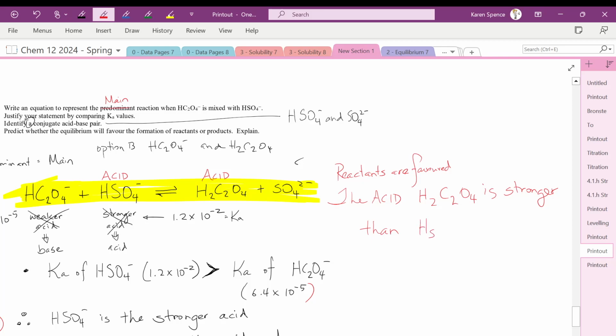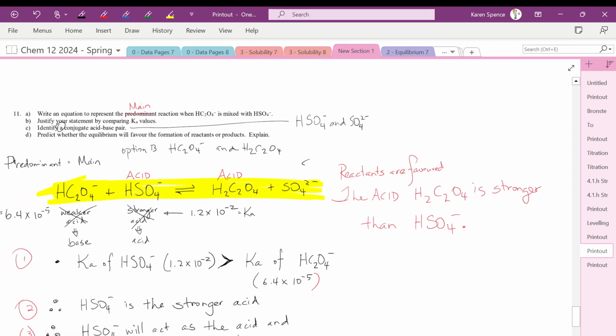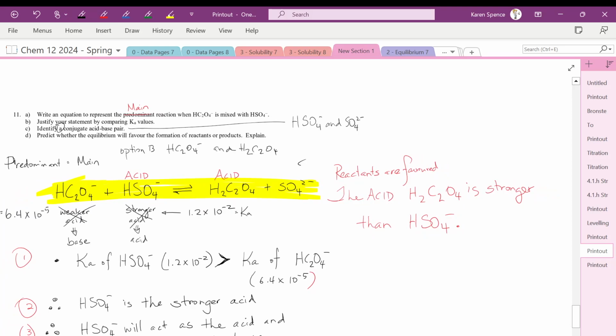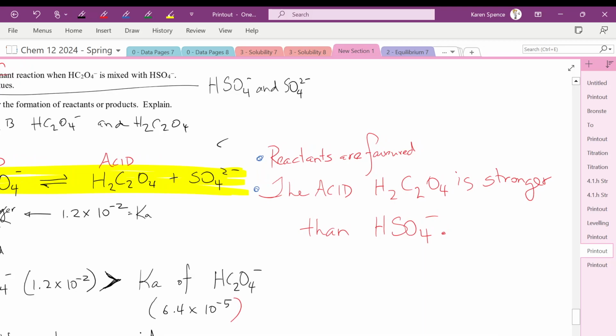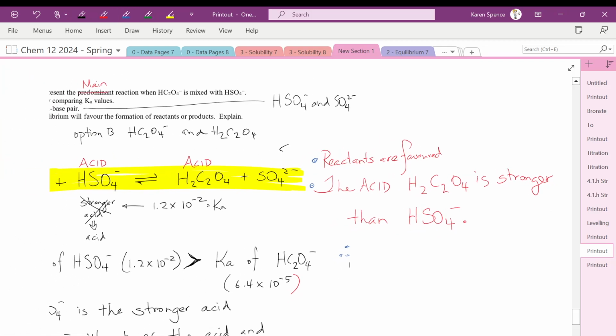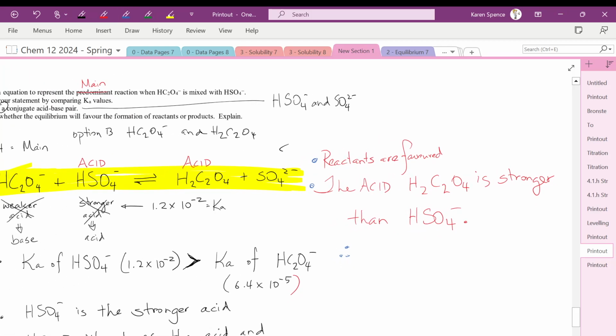And SO4 2 minus. Therefore, the product side is stronger.